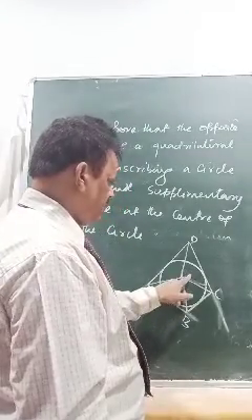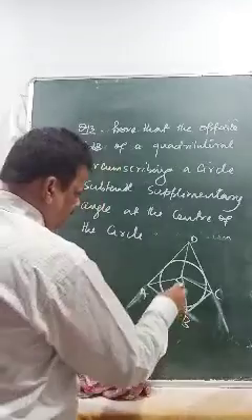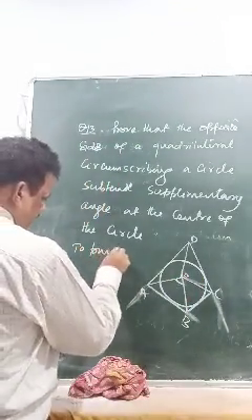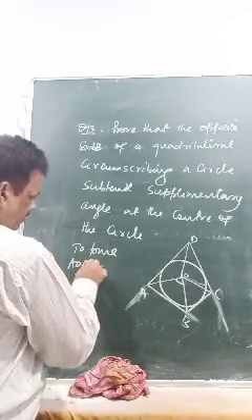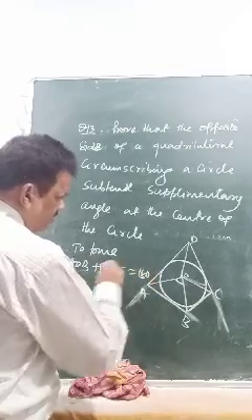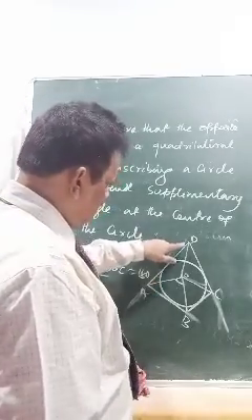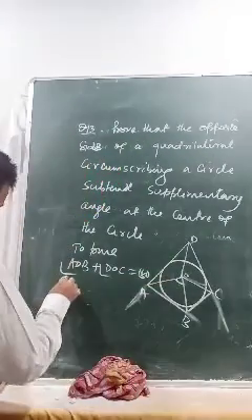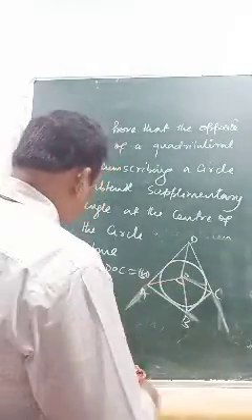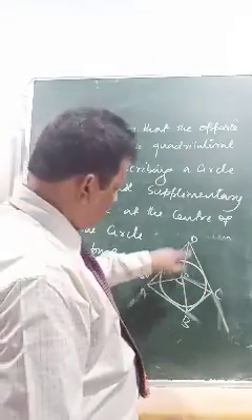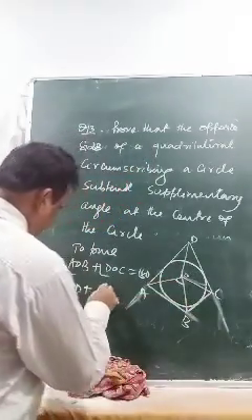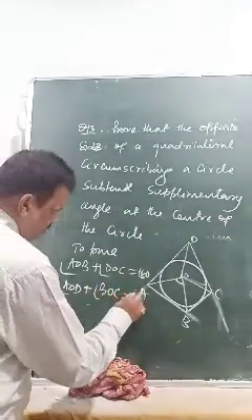This and this will be 180 degrees. So if I write this is O, then you try to prove AOB plus DOC is supplementary, 180 degrees. Other side AD means AOD plus its opposite side, this one, BOC equals 180 degrees.